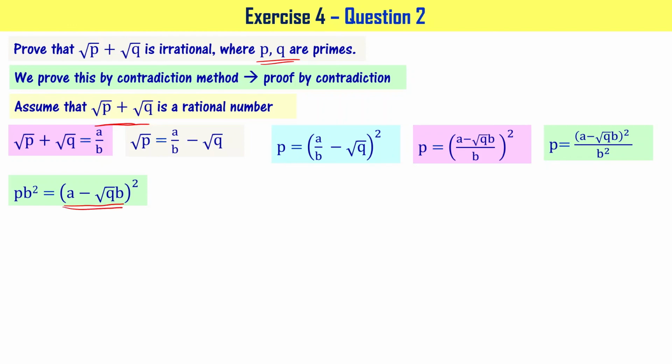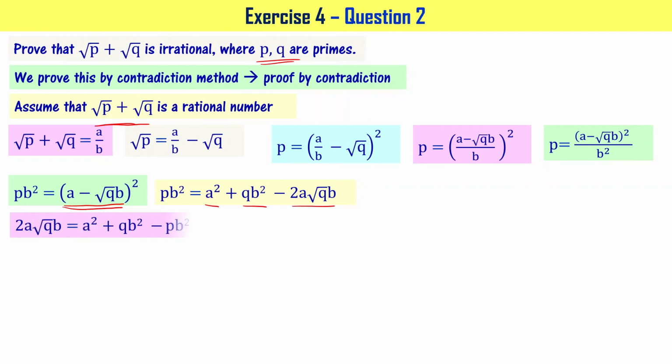Let's use the (x minus y) whole square formula so that it can be expanded and written as p b square equal to a square plus q b square minus 2a square root of q b, right? Let me rearrange this equation and write it as 2a times square root of q b equal to a square plus q b square minus p b square, right?